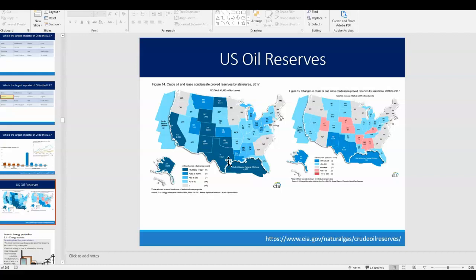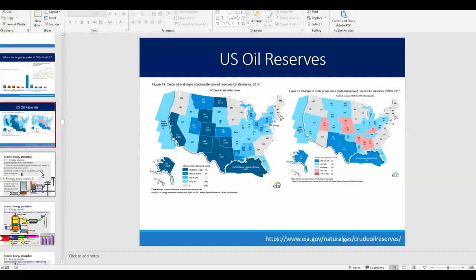Obviously in Texas we have millions, or really billions, of barrels of oil, which is one reason why Texas is really self-sufficient in terms of its oil production. Different states have access to different amounts of oil, but out of all the states in the country, Texas has the most oil available to it.